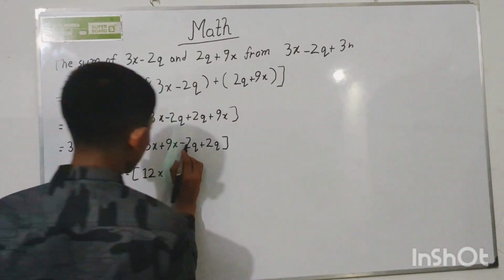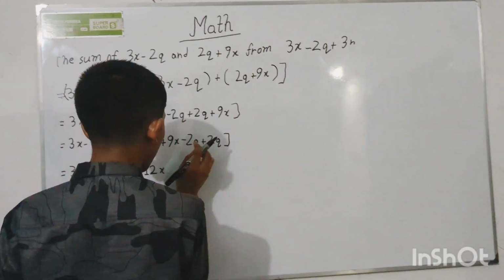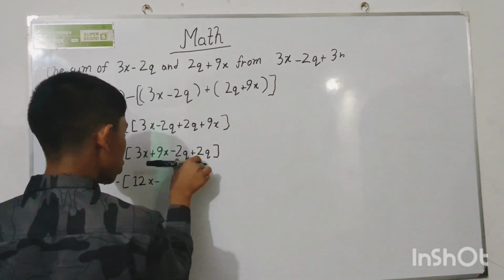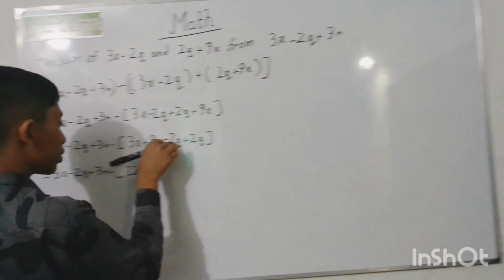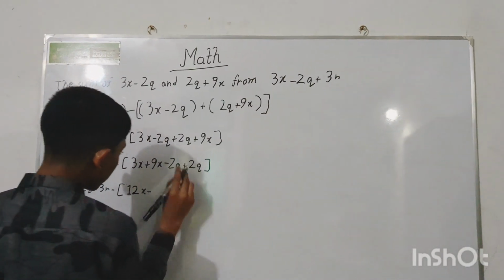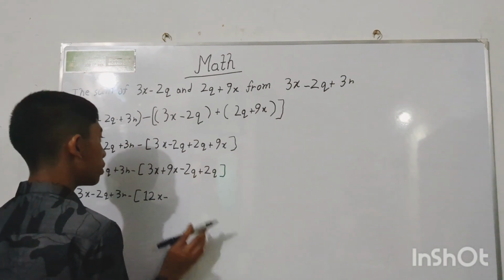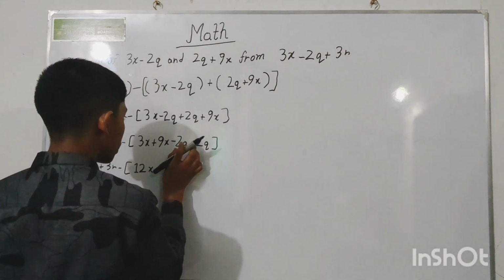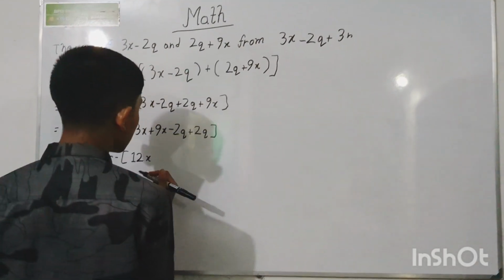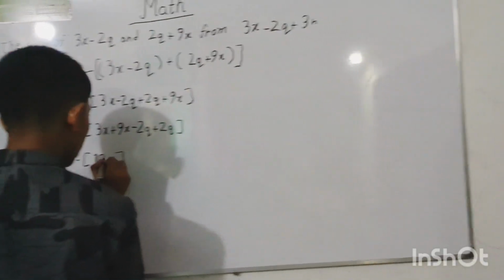And here is minus and here is plus. If we multiply plus and minus, it will be minus, so we'll deduct this. Here these two numbers are the same, and after this 2, here is a minus sign, so I'll write a minus sign, and we know plus and minus gives minus, so we'll subtract this. If we subtract 2 minus 2, then it will be 0, so our answer is only 12x.